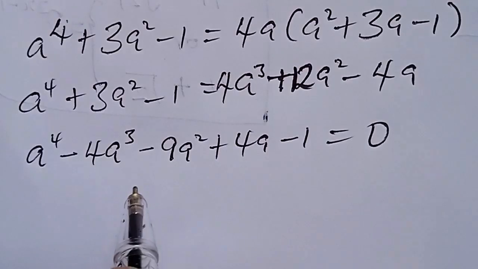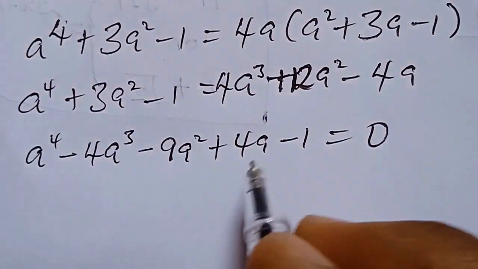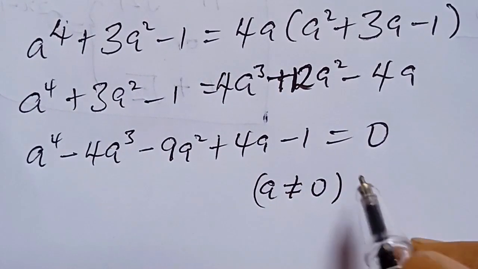So here what we do now is to divide all through, knowing fully well that a must not be equal to 0.